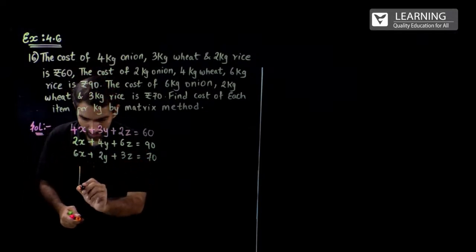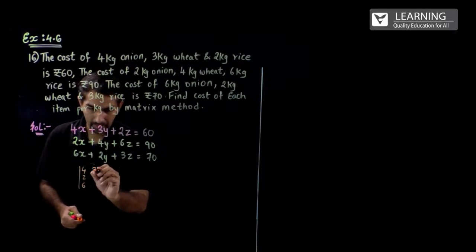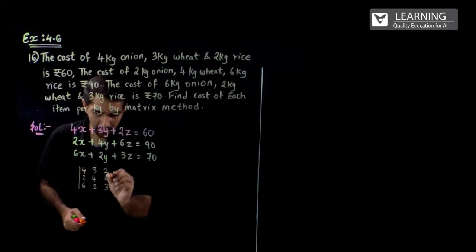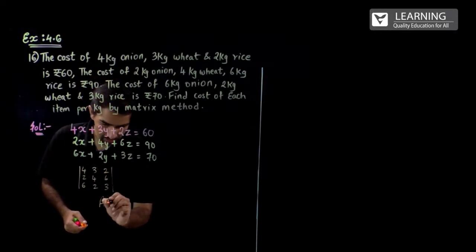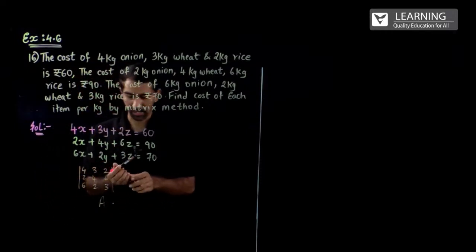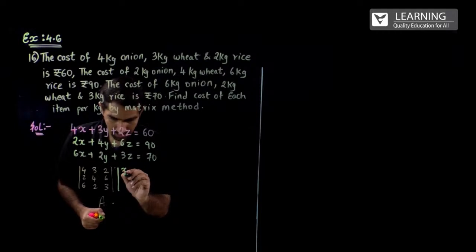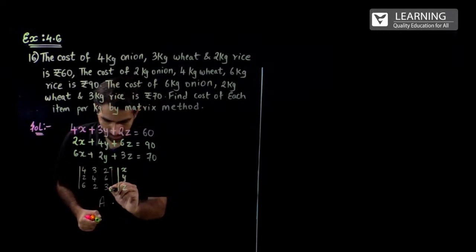Now write this in the matrix form. We will write the determinant of the numerical coefficients 4, 3, 2, 2, 4, 6, 6, 2, 3. This is A. What is X now? X is the variables X, Y, Z in square brackets.